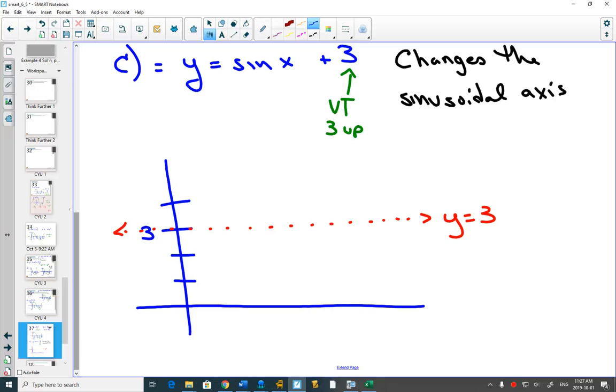Our amplitude is still 1. But our a value, being 1, means that your amplitude goes up 1 from your center line, down 1 from your center line. So we're going to label that our maximum is going to be at 4, and our minimum is going to be at 2. There's no b value, or our b value is 1. Our period's not going to change. So our period will still label as 2 pi and divide into 4 equal sections.